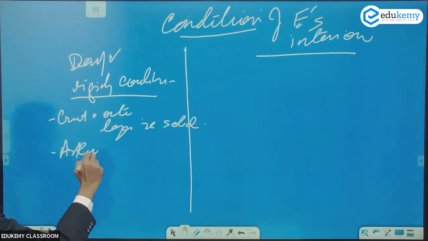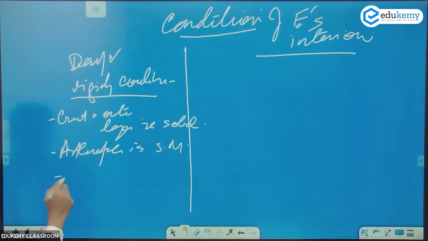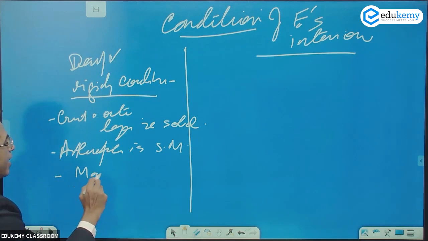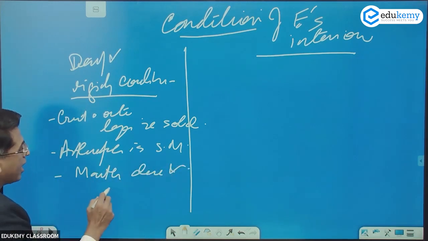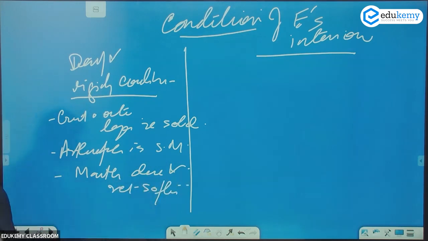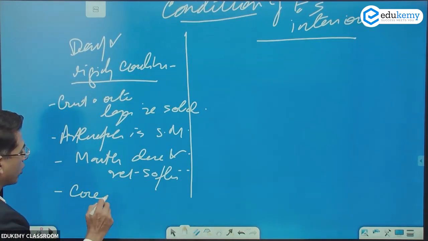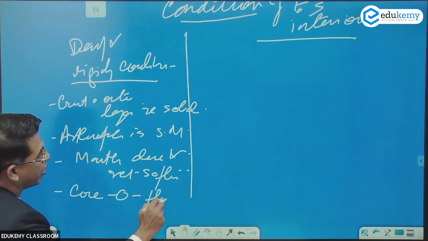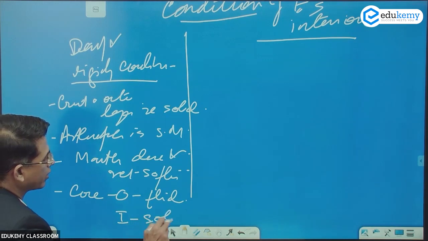The asthenosphere is semi-molten. The mantle layers are dense and they are relatively softer. The outer core is fluid. The inner core is solid.